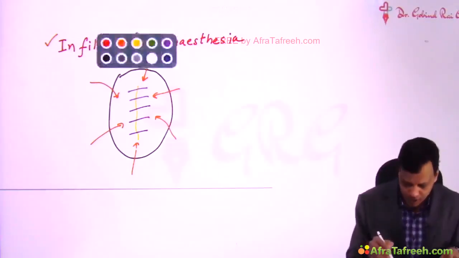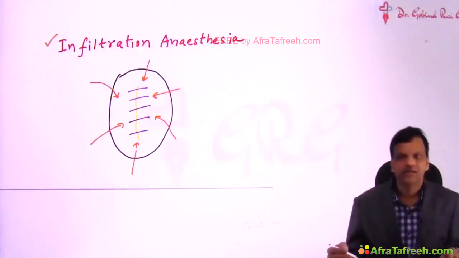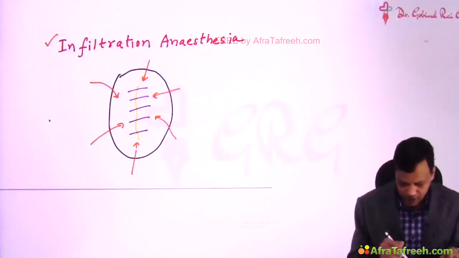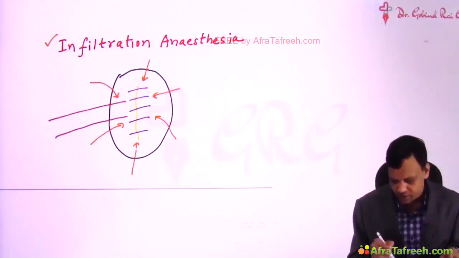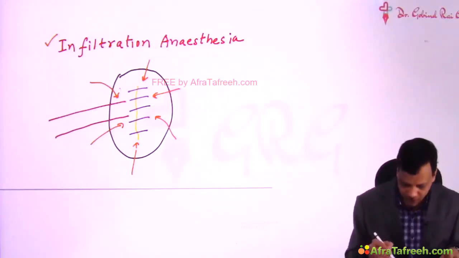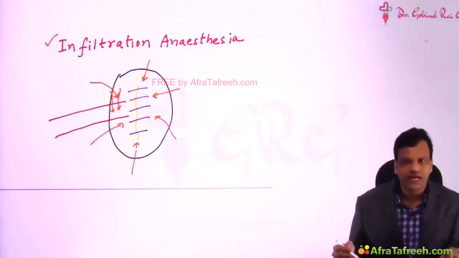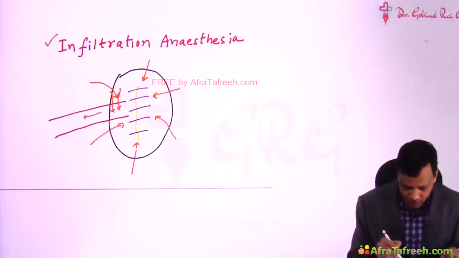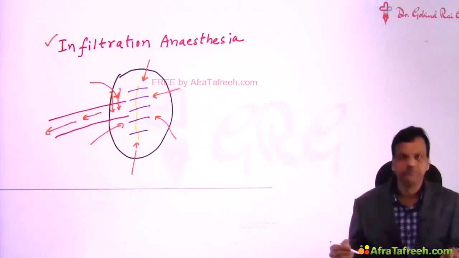The problem is when we inject any drug by subcutaneous route, it can enter the blood vessel. Remember, subcutaneous area contains the blood vessel. So here also blood vessel is present. So when we give a local anesthetic by subcutaneous route, some of it will enter the blood. So the local anesthetic which enters the blood, along with the blood, it will move away.